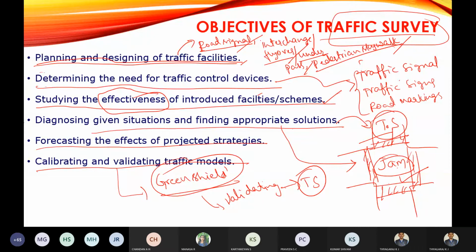That is, at present you are providing signals, and in future how this signal will be working, you are going to check. Then calibrating and validating traffic models. We are going to develop many models, that is, equations, so you calibrate those equations and validate them by conducting the field study. So these are the objectives of traffic surveys.